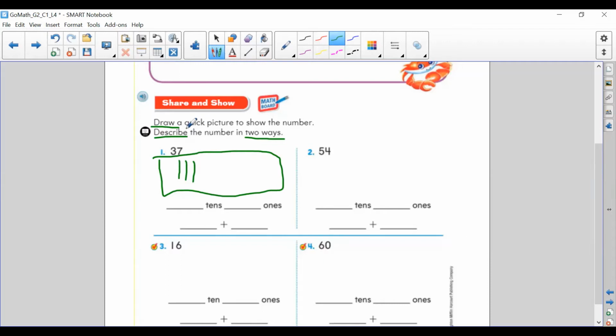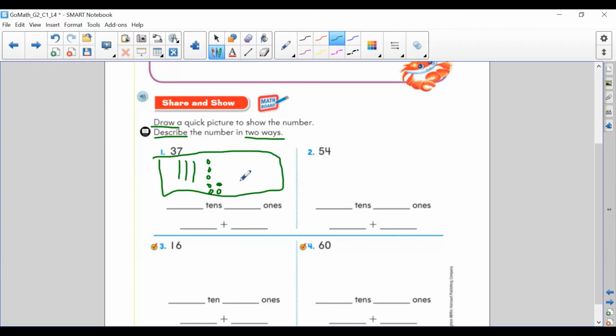That's why we call it a quick picture. And then we have 7 ones. This does take a little bit longer to draw the 7 ones. So you have to just draw little circles. I always draw 5 down and then start drawing 2 more up.